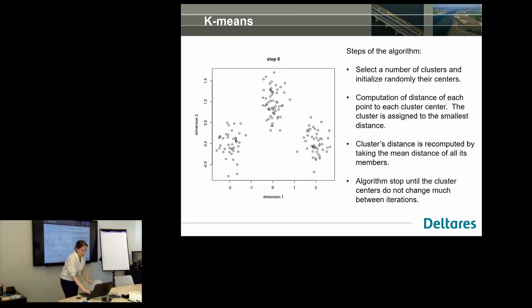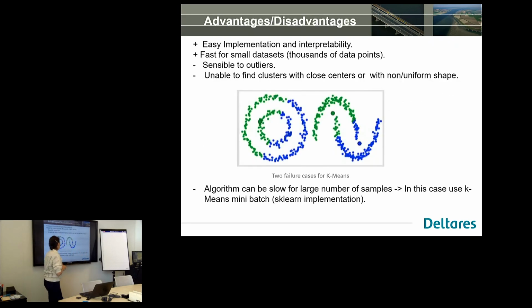The k-means algorithm is used a lot, but like all algorithms, it has some advantages and some disadvantages. One of the disadvantages can be visualized in this plot. Let's assume that you have two clusters which don't have a nice, symmetric shape.